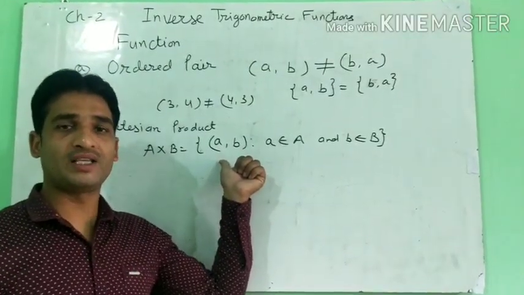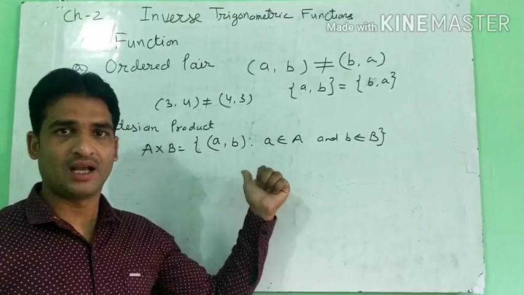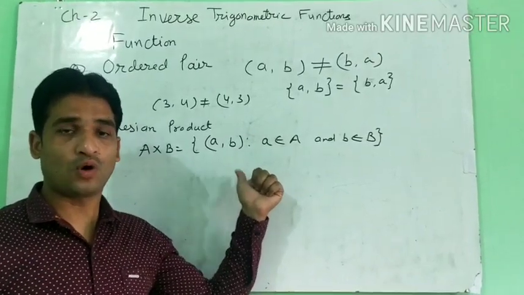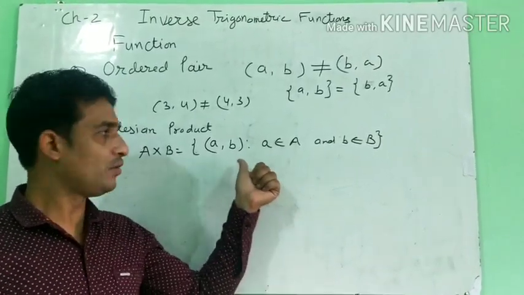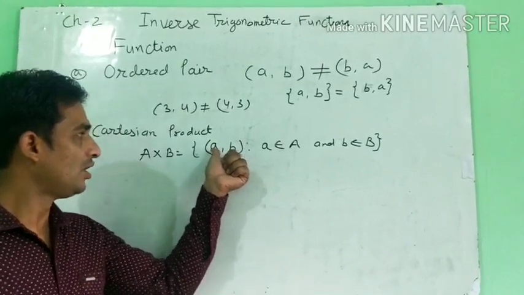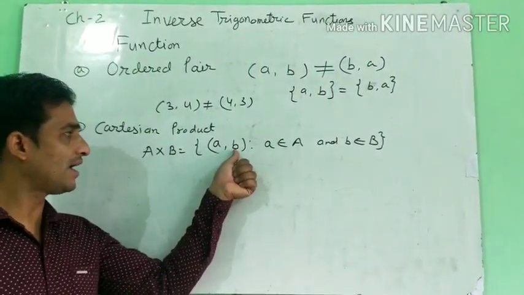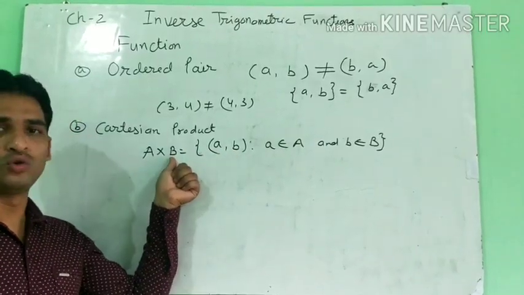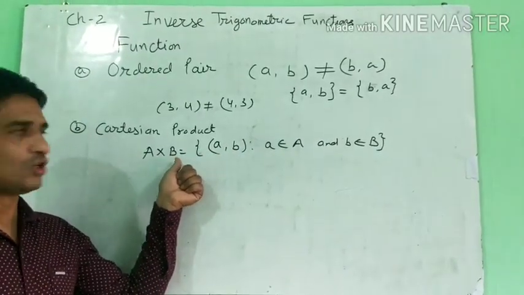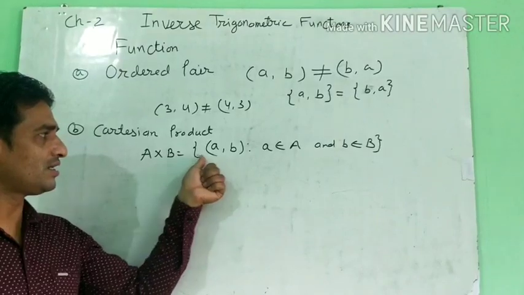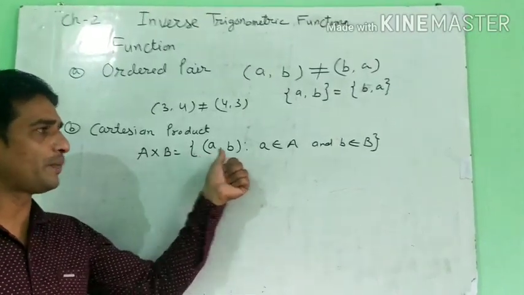Cartesian product is basically a set of ordered pairs in which first element belongs to first set and second element belongs to second set.